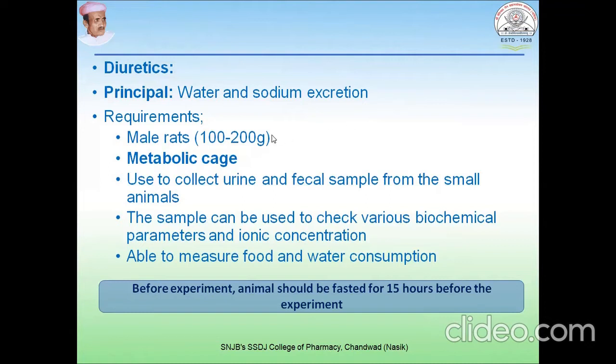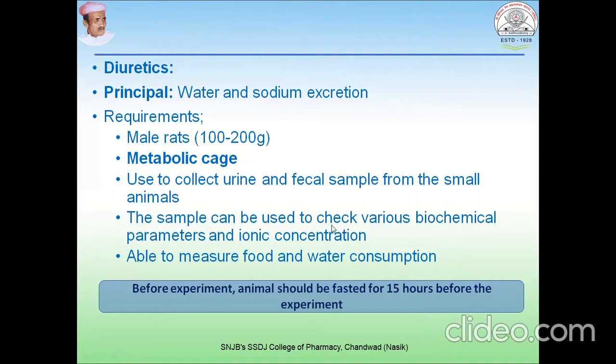In this case, we need male rats whose weight is 100 to 200 gram. Then a metabolic cage is important to collect the urine sample. Metabolic cages are used to collect urine and fecal samples from small animals like rodents, rats, and mice.